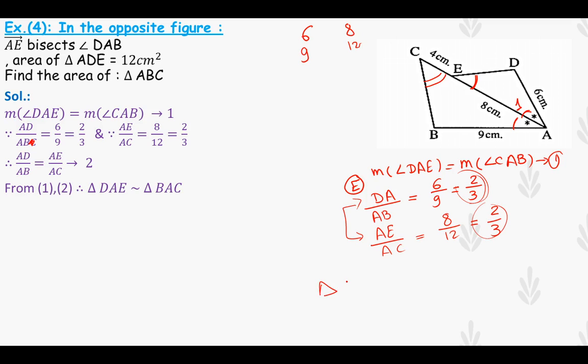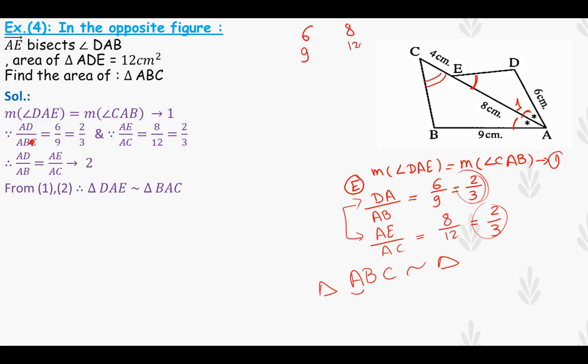So you will write triangle, write the first one as you like. The first one will be triangle ABC, similar to triangle. First we know that the measure of angle A in the first triangle is equal to the measure of angle A in the second triangle.